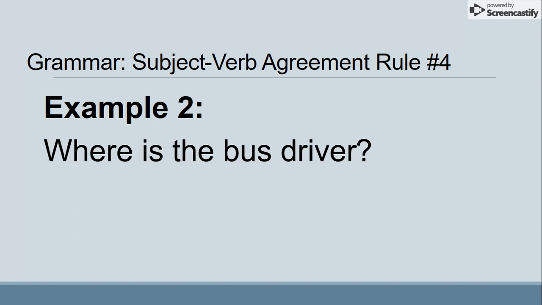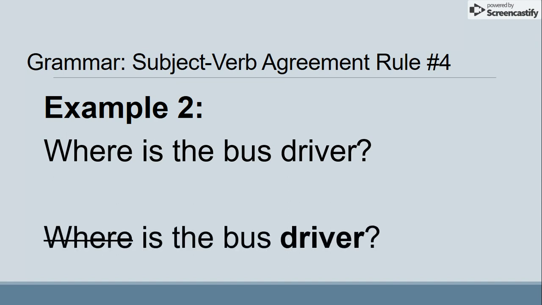So in this situation, our subject is actually driver. This is inverted because it's a question, so the subject comes at the end. So our subject's driver, and our verb has to be is. Driver is singular. We need the singular verb, which is. So questions are the second type of inverted sentence you might see.